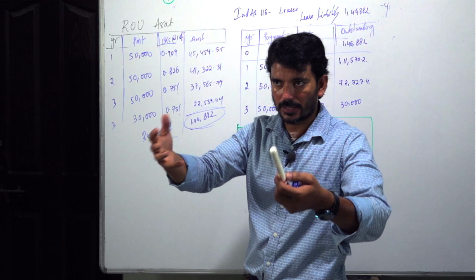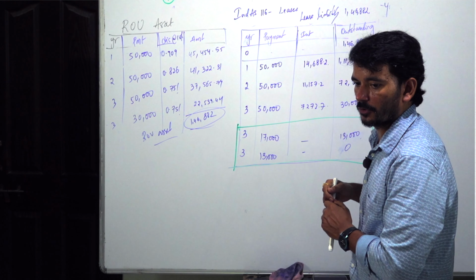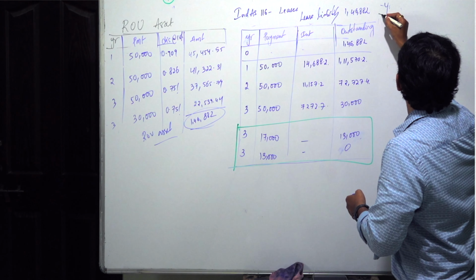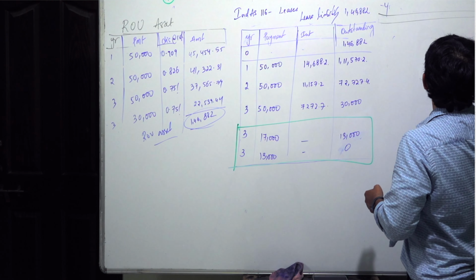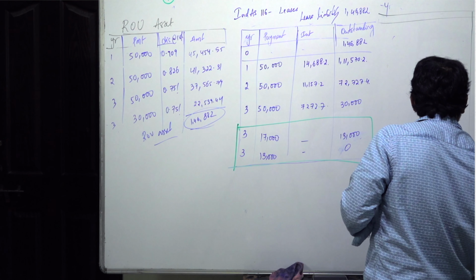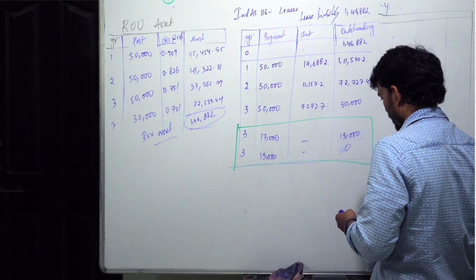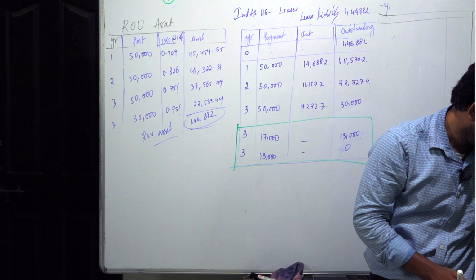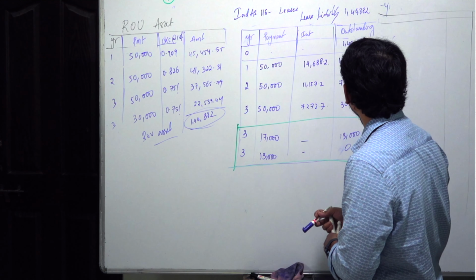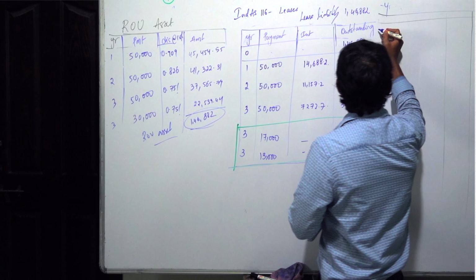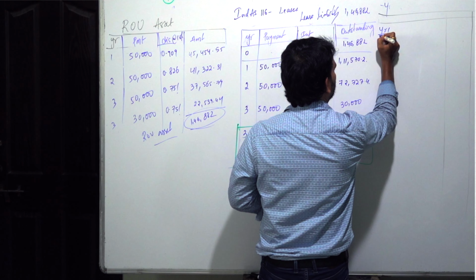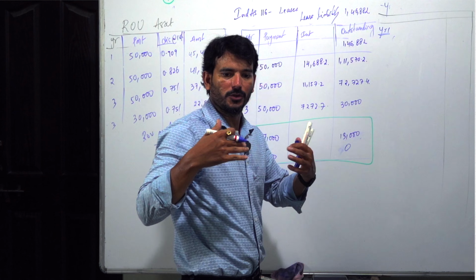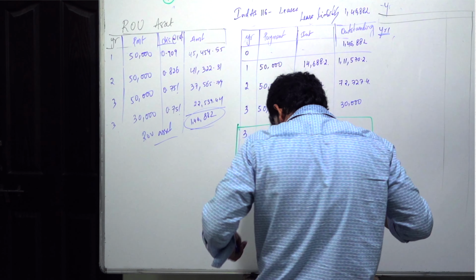ROU asset. So since the asset is coming to you in your books of accounts for the first time, I think it's very hard to see this. Year 1. So year 1, ROU asset first time coming into your books of accounts.